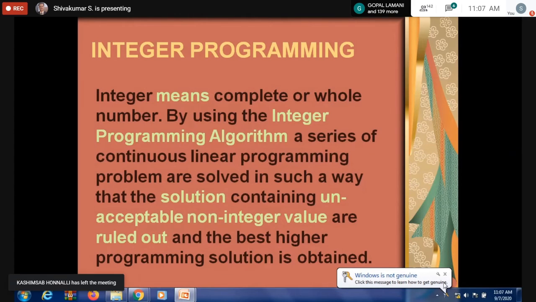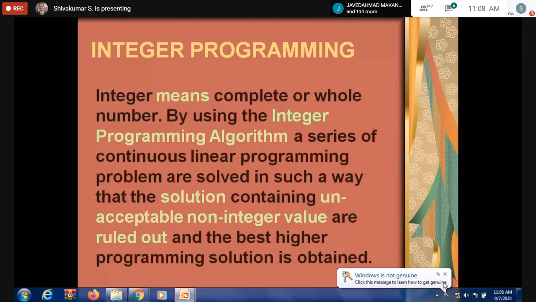In that case, there is one more chapter called integer programming. Integer means complete or whole number. By using the integer programming problem, called IPP, a series of continuous linear programming problems are solved in such a way that the solutions containing unacceptable non-integer values are ruled out and the best integer programming solution is obtained.